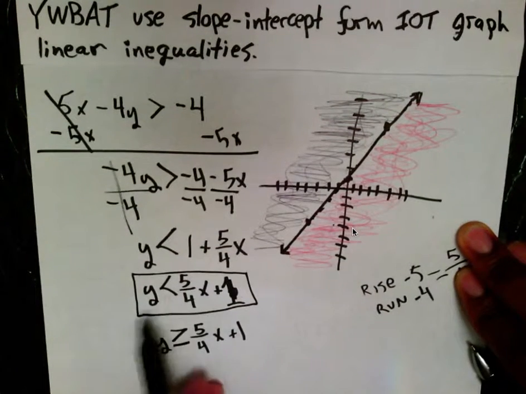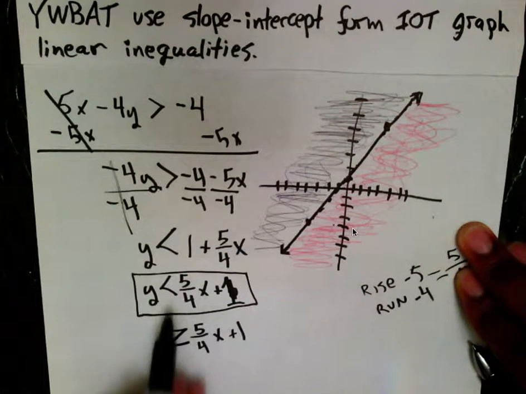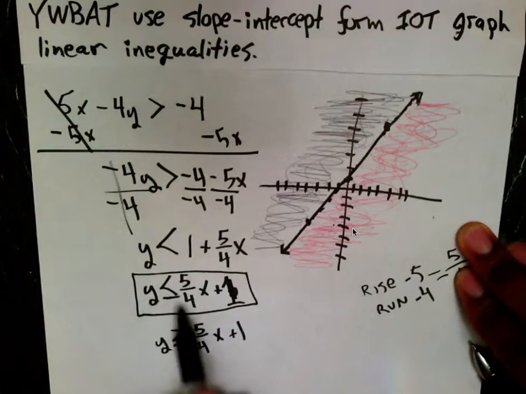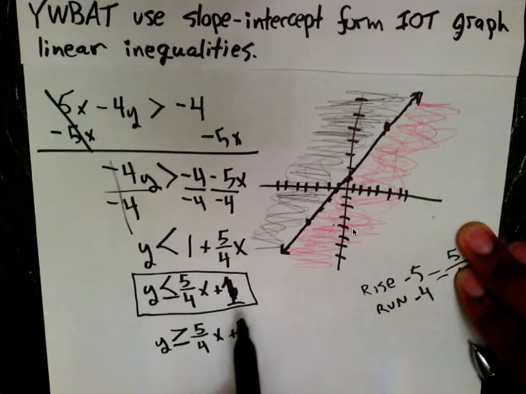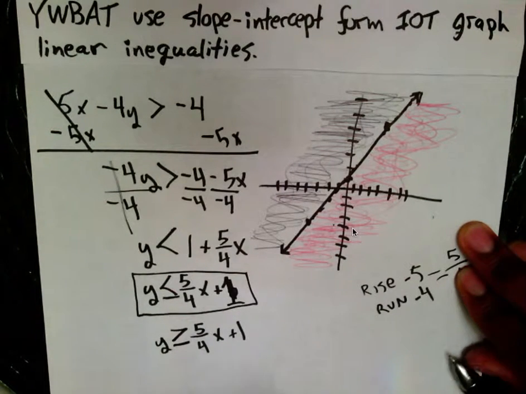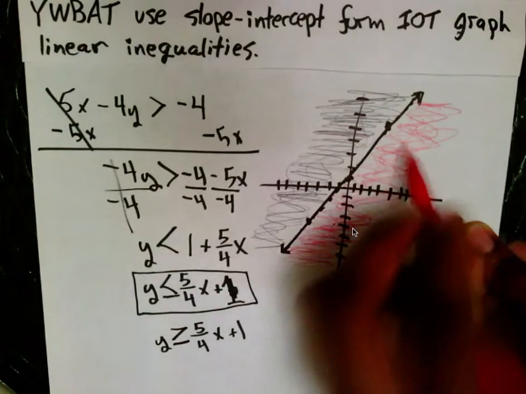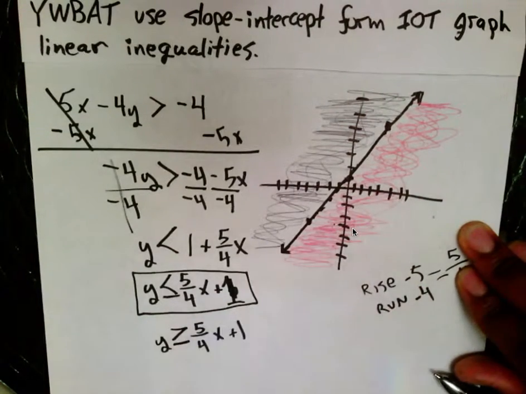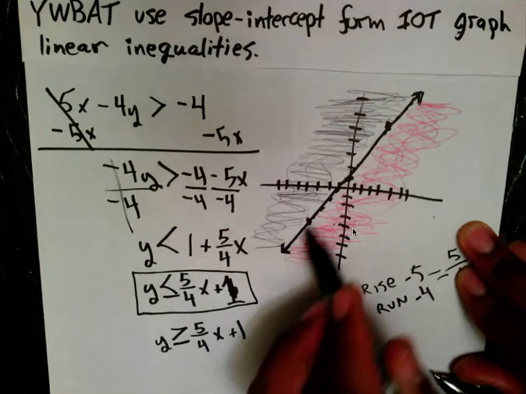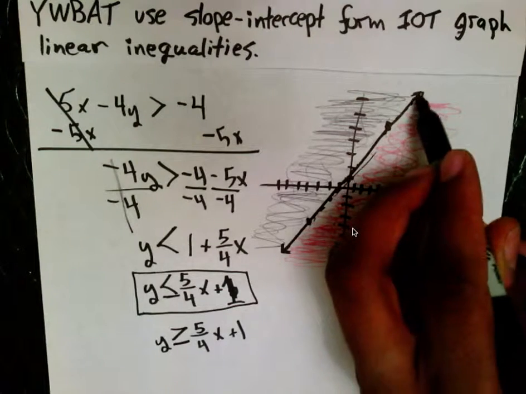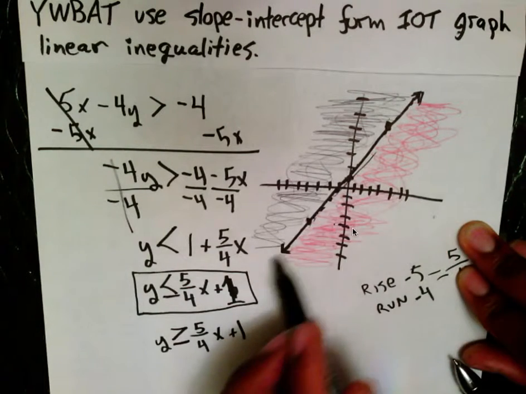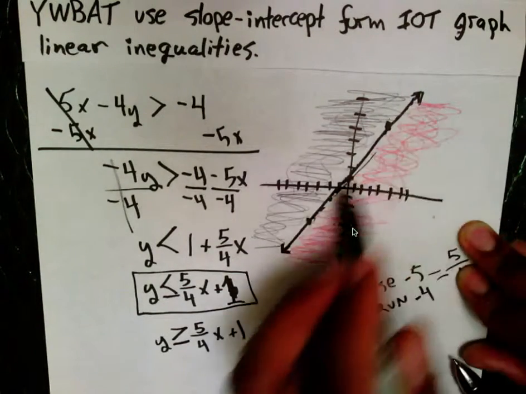Same thing for if y is less than or equal to 5 over 4x plus 1. We have to shade in anything less than that line, but now we can make this a solid line because it can include points on the line.